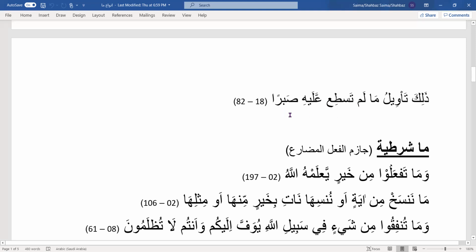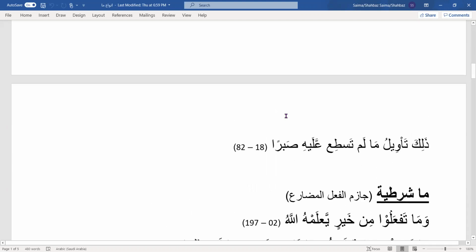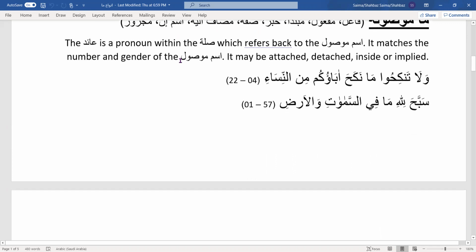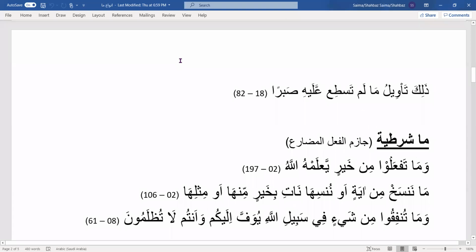This is a jumla fi'liya, and this ma mawsula and its sila together are playing a role in this sentence. What is that role? I give you the list again: fa'il, maf'ul, mubtada, khabar, sifa, mudaf ilayh, ismu inna, and jar majroor. So what is the role of ma lam tasta' alayhi sabra?